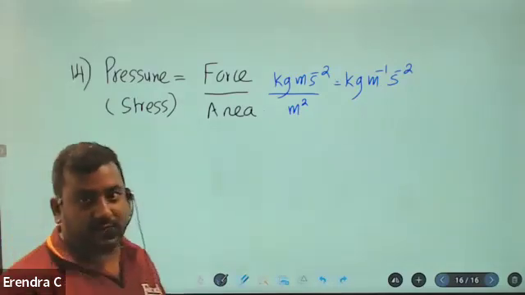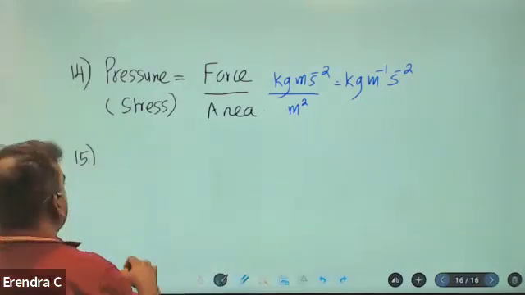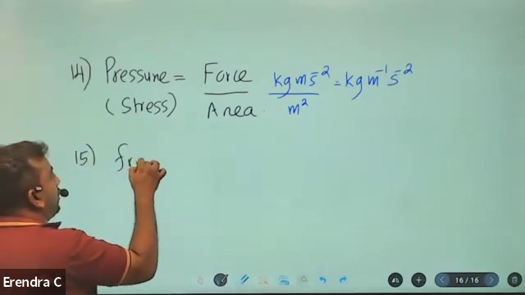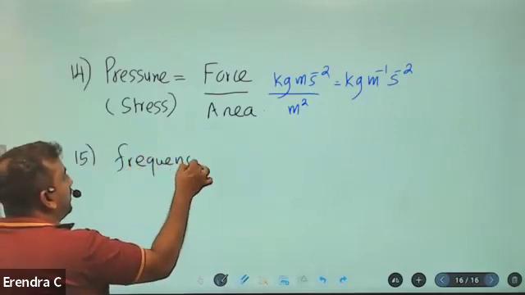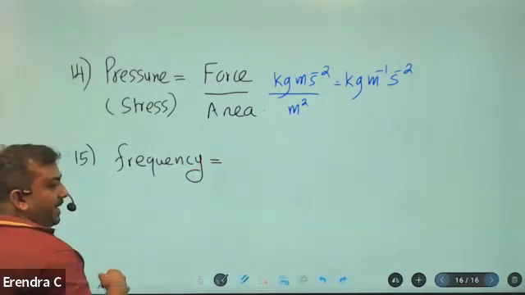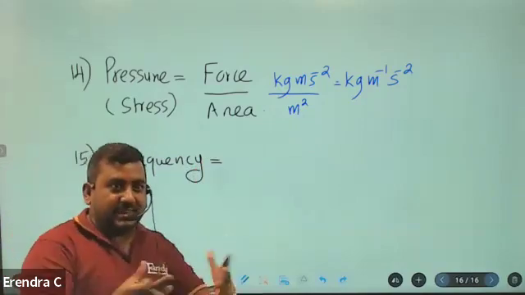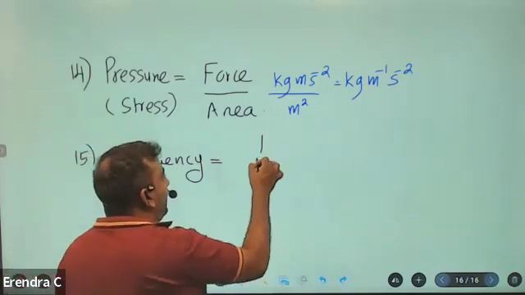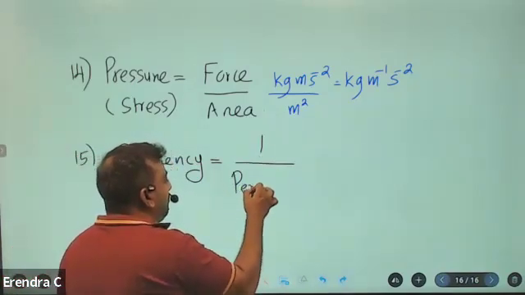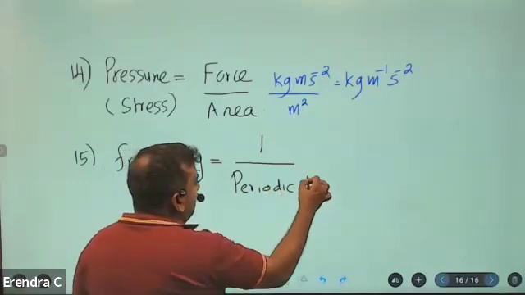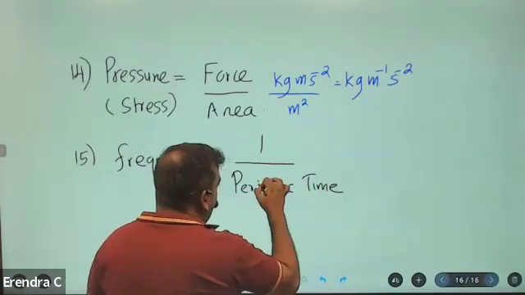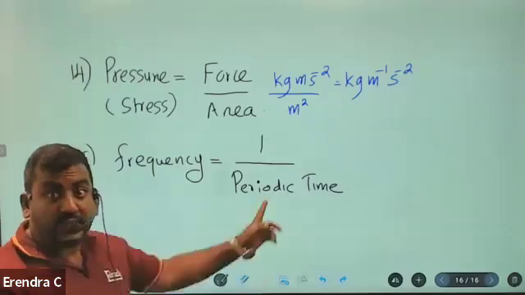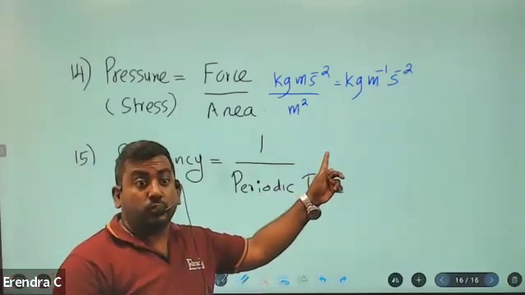15th one. Something that you all know. Frequency. And remember, O-level science under waves. Frequency is 1 over periodic time. 1 is a value.